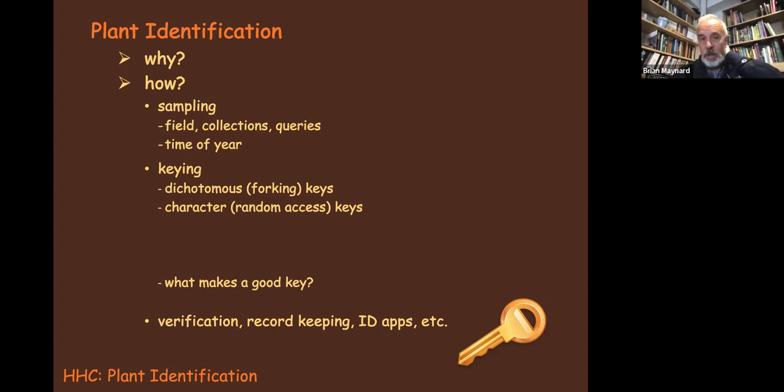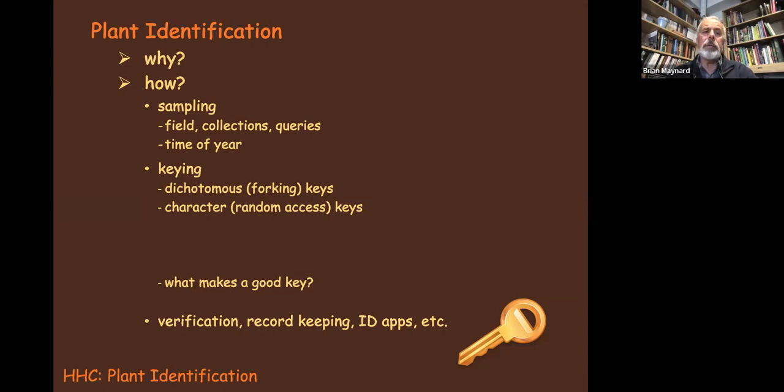We identify them often by just going out in the field with our field guides and identifying what's in bloom. But for larger studies and more in-depth studies of plants, we often have to deal with plant collections, including plants that have been pressed, for example, in herbaria, or answering, as I mentioned before, queries that come over the phone about plants or emails that we receive where people send pictures.